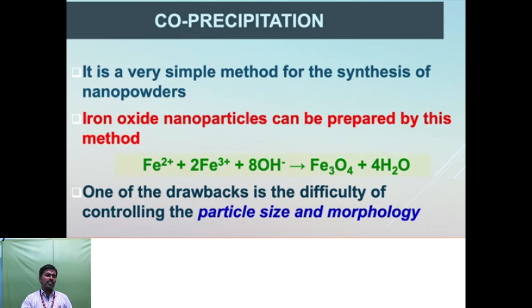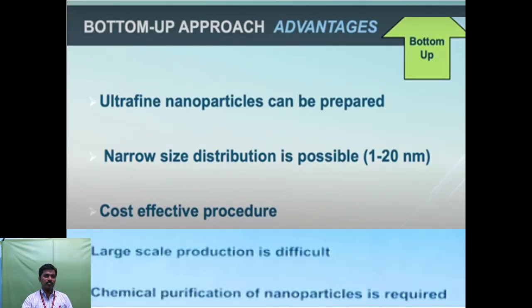The co-precipitation is a simple method for synthesis of nano powder. Here iron oxide nanoparticles can be prepared by this co-precipitation method. One of the drawbacks of co-precipitation is that it's difficult to control the particle size and morphology. This is the problem of the co-precipitation method.